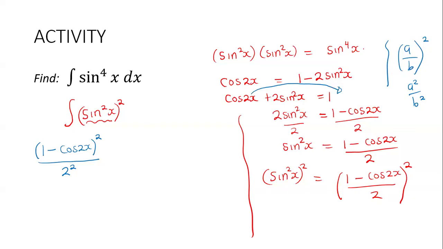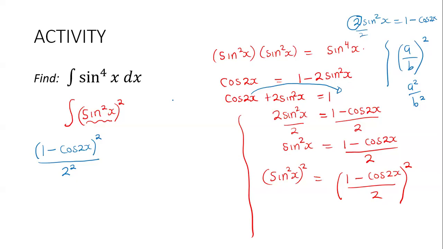When it comes this side, we shall remain with 2 sine squared x equals to 1 minus cos 2x. Is that fine? Now, the next thing is we have to remove these 2, by dividing both sides. Okay, then that is how we reach here.